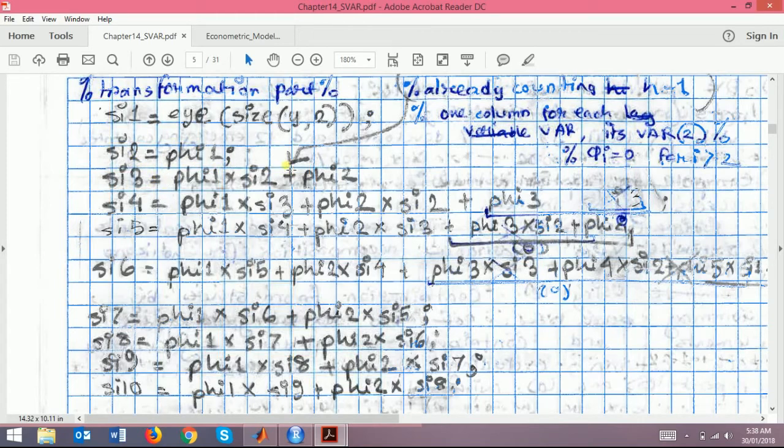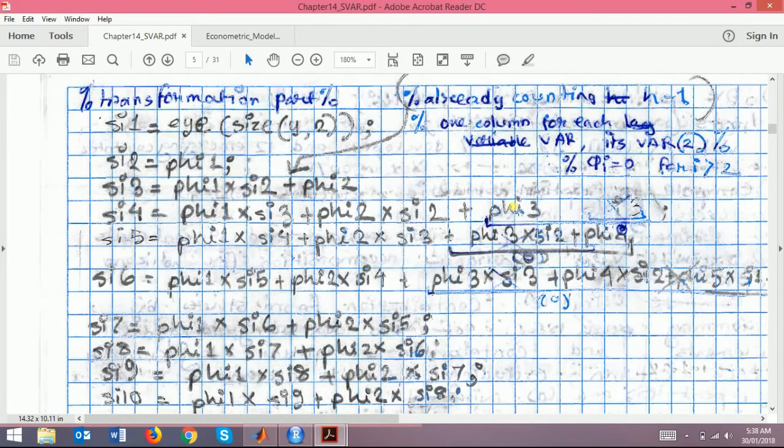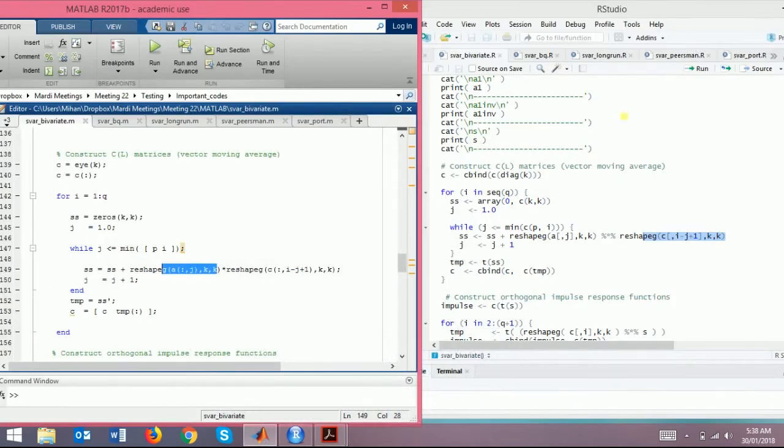So you see, phi 1 is multiplied to psi 2, because the relationship between phi 1 and psi 1, as I have just shown you, is phi 1 times minus 1 to the power I plus 1. And the transformation is psi h minus 1 multiplied to s, right? So this is what we are doing here.